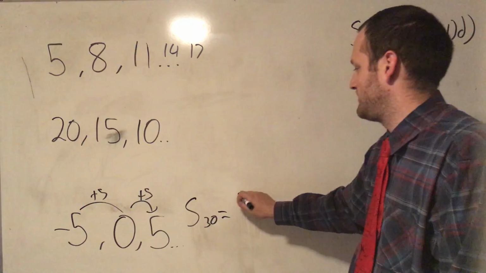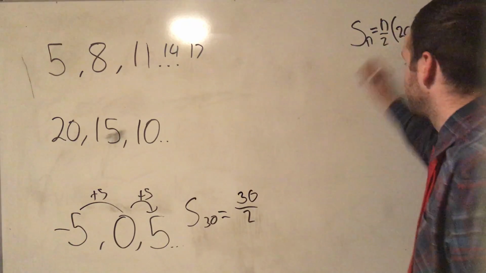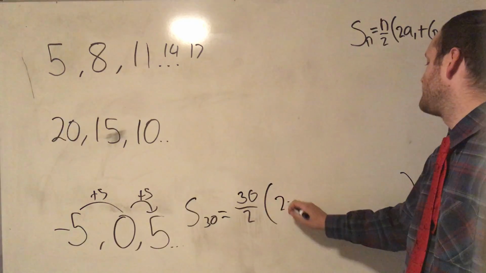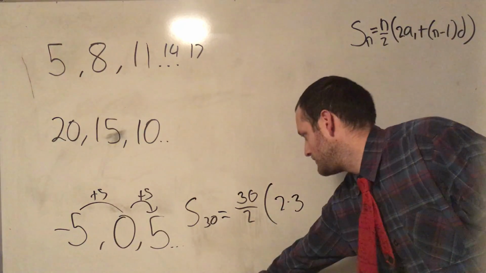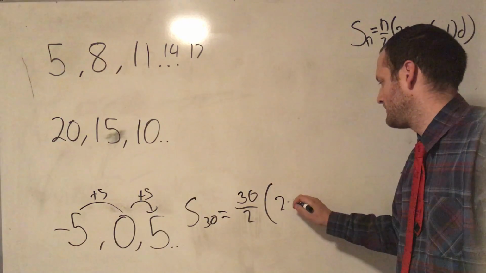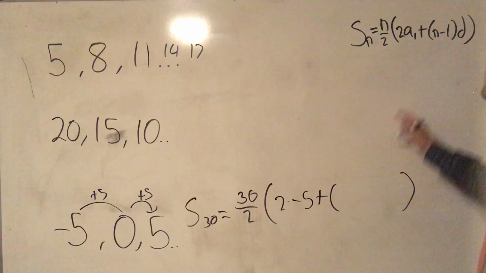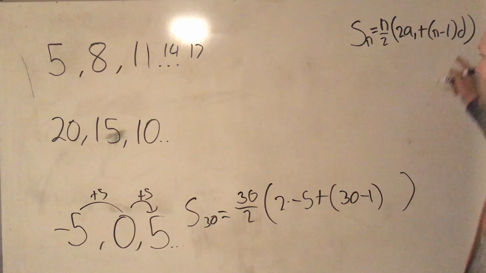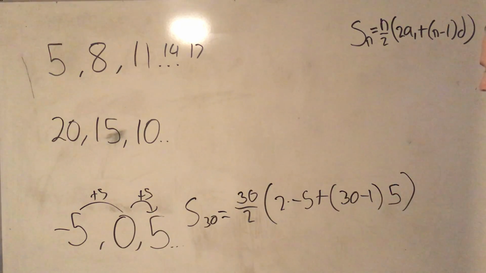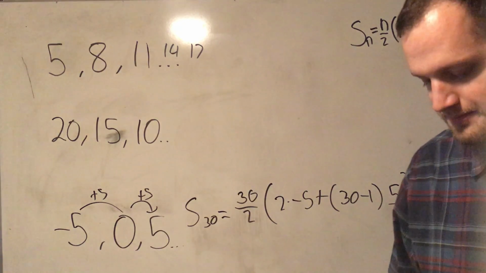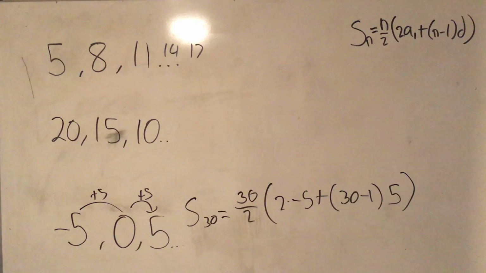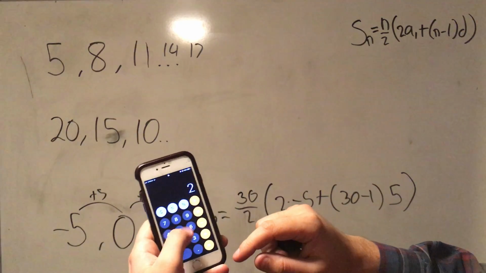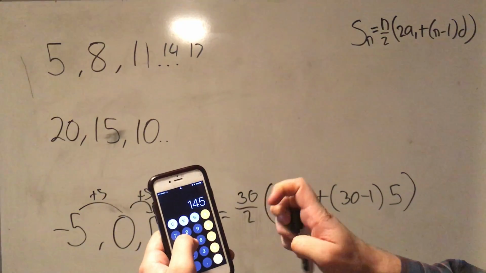We've got n, so that's 30 divided by 2. And we've got 2 times, let's see, a sub 1 is -5, plus n minus 1, so n was 30, times d, our d is 5. Let's plug it into a calculator. Okay, so I've got 30 minus 1, that's 29 times 5, gives me 145.